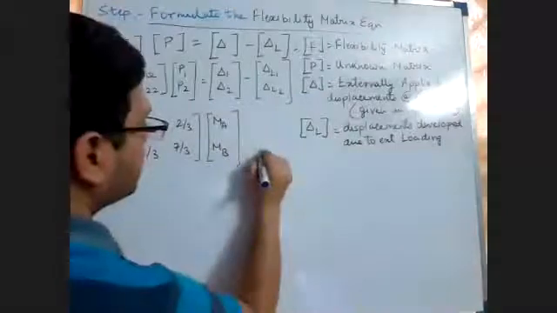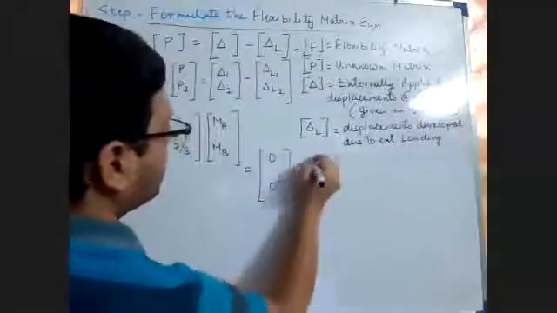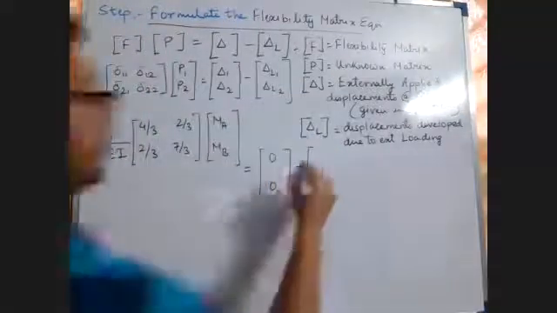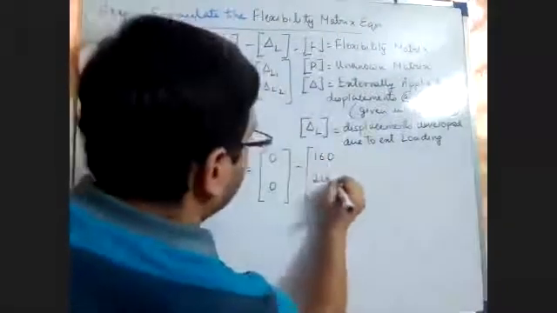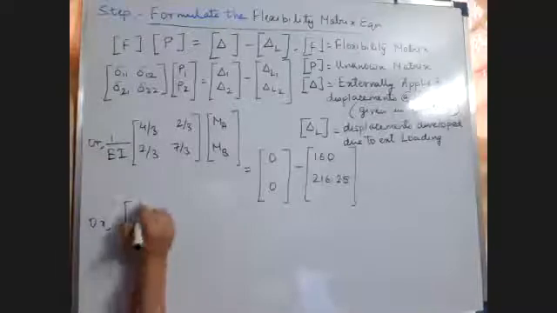This is equal to 0, 0 minus delta L1, delta L2. It is 160 and 216.2. Now here we have a big task to calculate MA and MB.